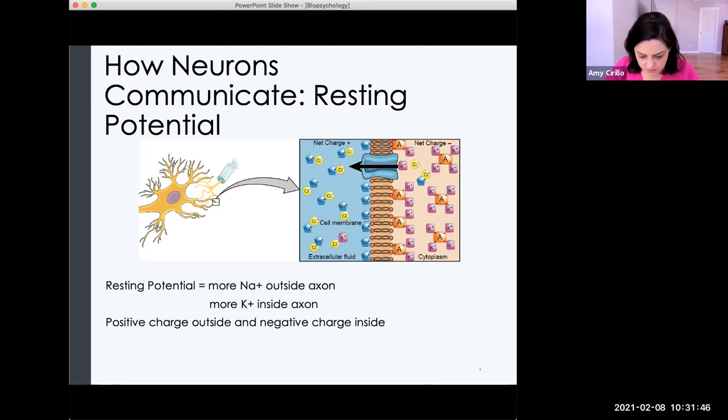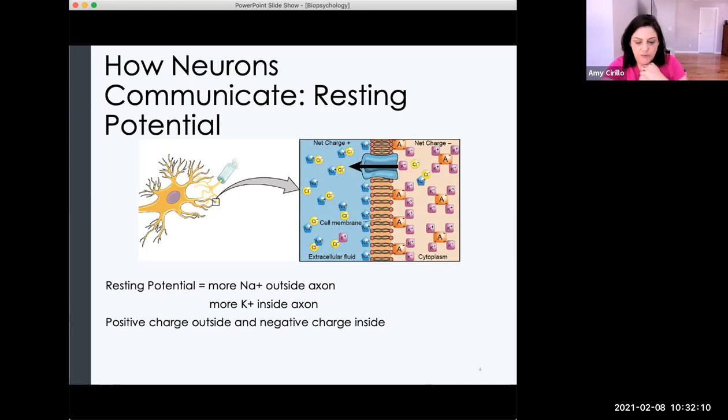And the potassium is the K+, right? Let me make sure. Yeah, K plus is potassium. So when it lets the K plus out, it's letting the positive charge out. And that allows the inside of the cell to go back to a slightly negative charge.